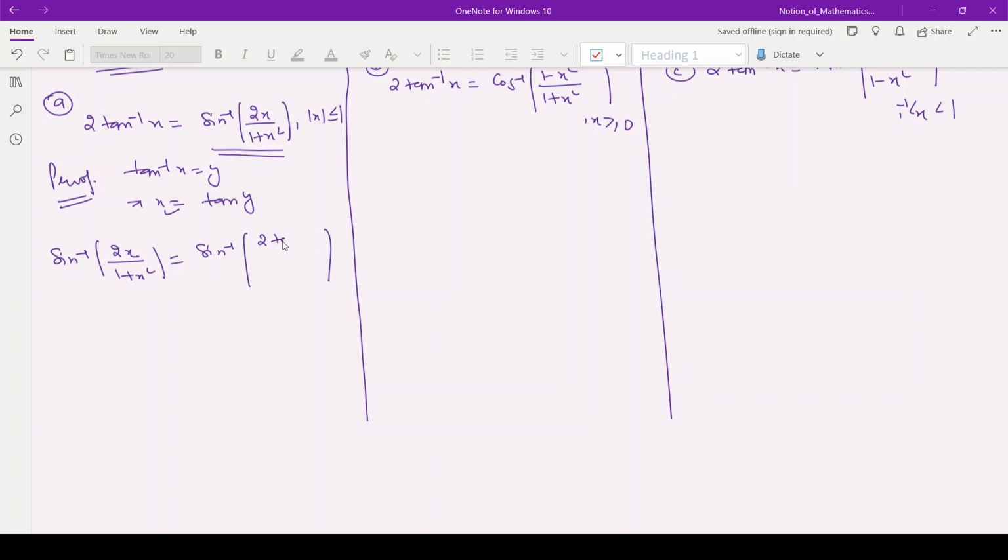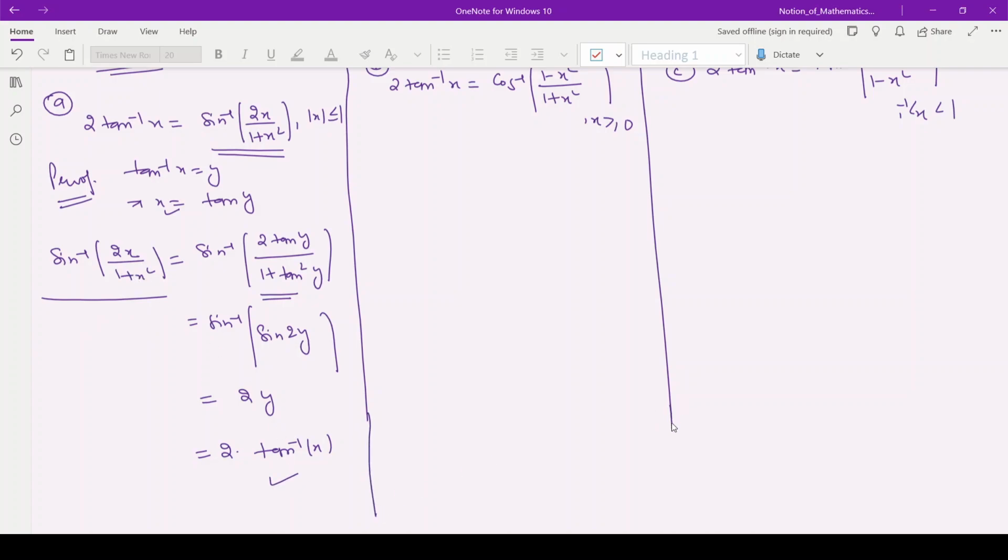So that is 2 tan y upon (1 plus tan square y), or sine inverse of 2 tan y upon (1 plus tan square y). This is actually equal to sine of 2y. Ultimately 2y, or 2 into tan inverse x. So this was the required term, that sine inverse of 2x upon (1 plus x square) is equal to 2 tan inverse x.